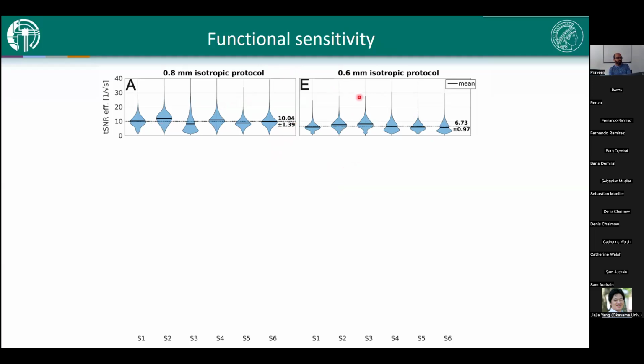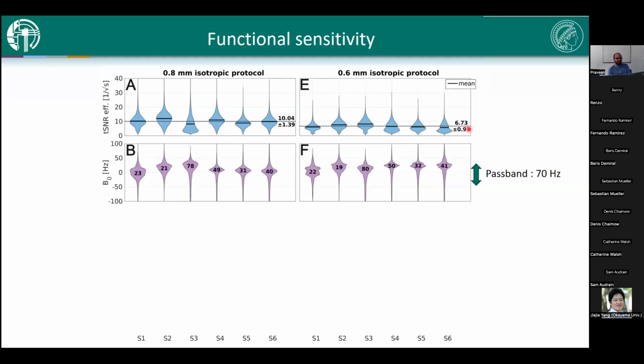And for 0.6 millimeter, it's even lower. And this is the standard deviation and the distribution of your off resonance within your imaging volume. For all these measurements, we use a TR of 10 milliseconds. So we have a passband of roughly 70 hertz. If there is anything above 70 hertz, it will result in bandings.